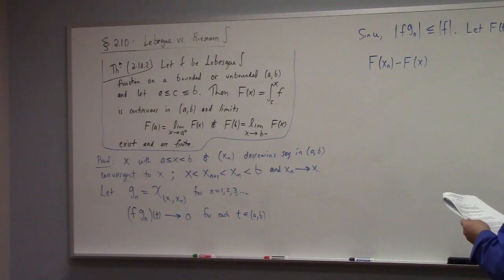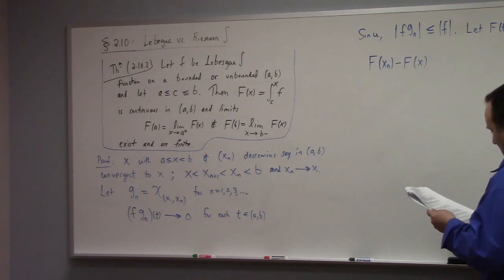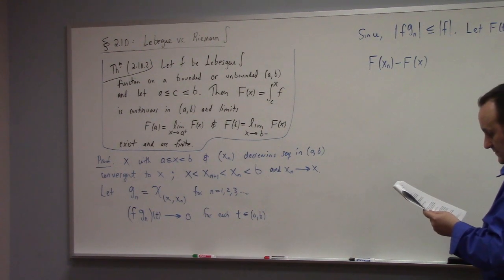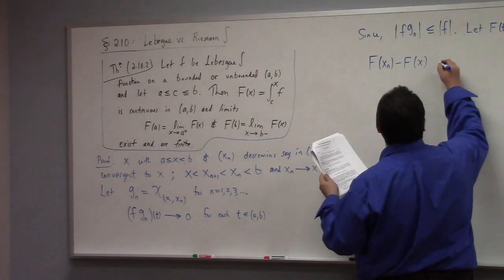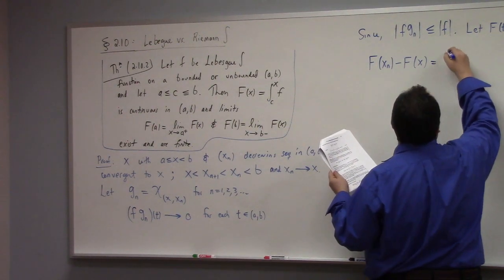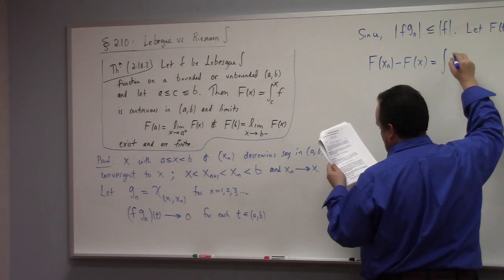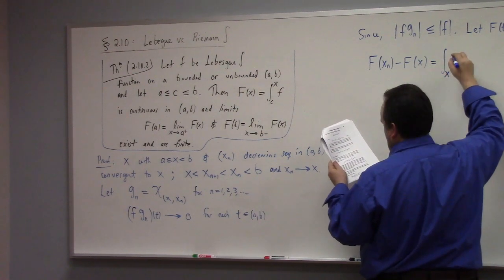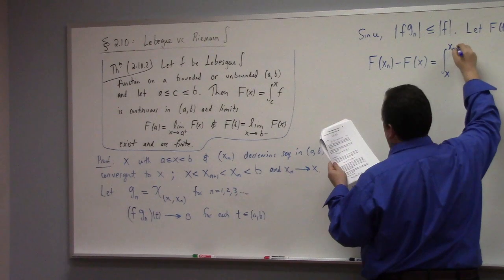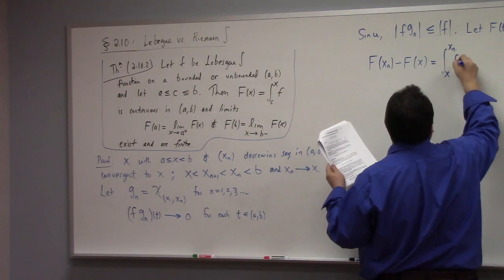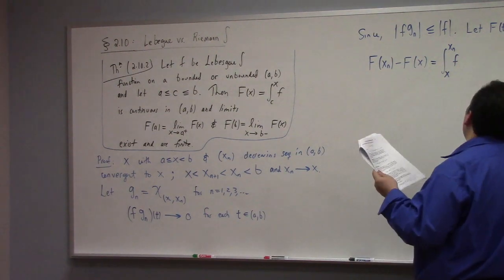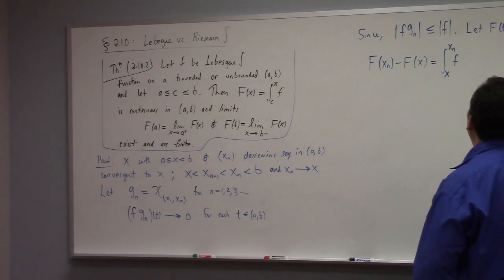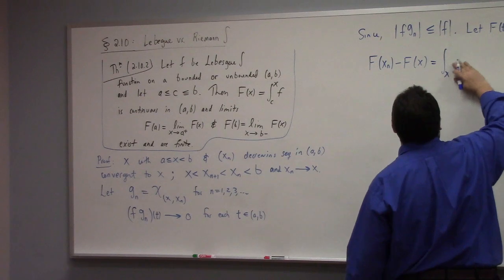Anyway, F of x_n minus F of x equals the integral from x to x_n of f, he says. Okay, fine.